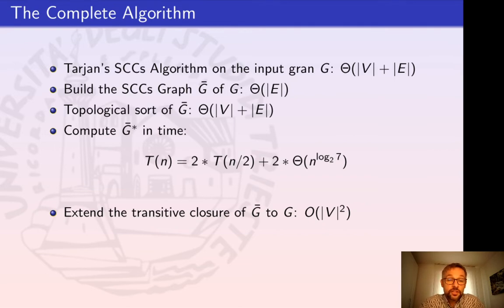We simply need to say, okay, the first connected component contains 3, we have an edge from 3 to 4, then we need an edge from the strongly connected component of 3 to the strongly connected component of 4. This is quite easy to do. So once we have performed this operation, we need to perform the topological sort. Of course, if we use the Tarjan algorithm, this comes for free.